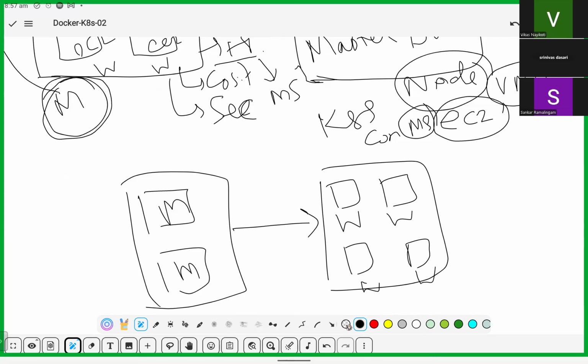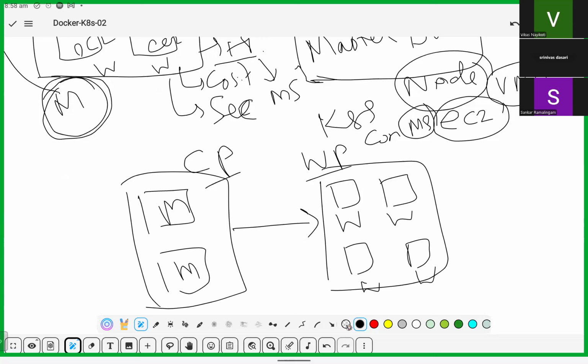There are different terms used for Kubernetes architecture: master node and worker node, or, I forgot the word. Do you remember, Vikas? Yeah, control plane and worker plane. That is also what we call it.